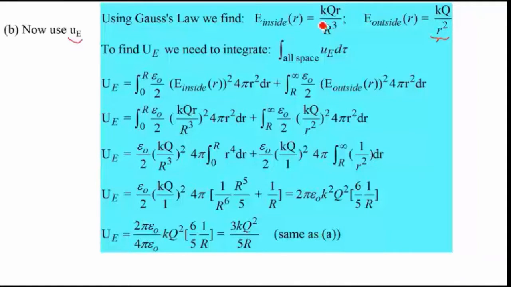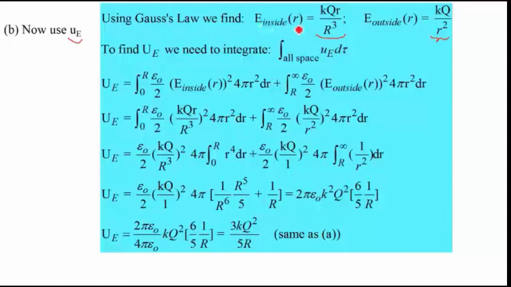Inside, it has a different r dependence because as r increases, we get more charge. If we do that calculation, which we've done before, we just have k capital Q little r over capital R cubed. As you increase r, the E field has to go up because there's more and more charge being included inside that sphere.